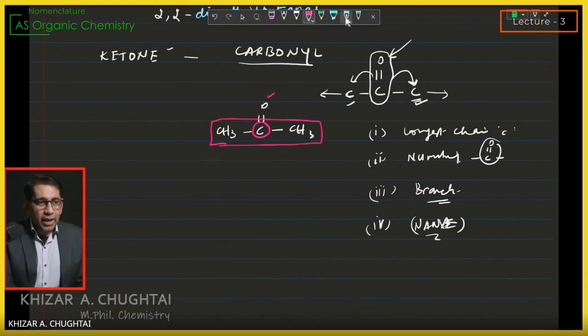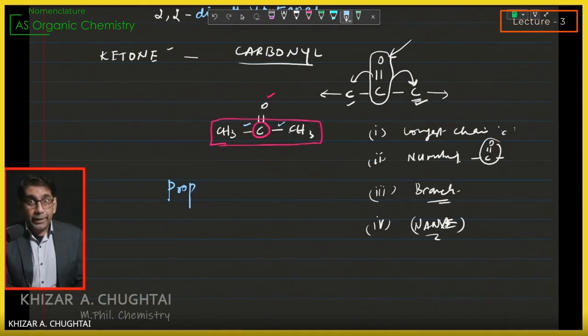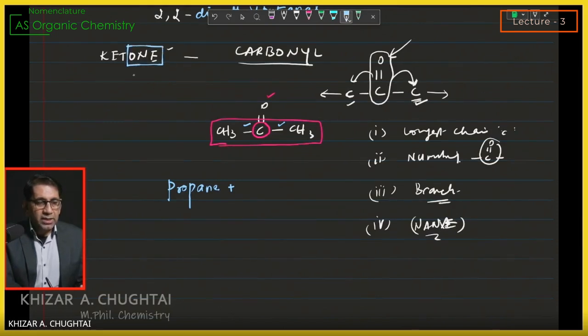So what is its name? Its longest chain has three carbon atoms. We will write prop. All carbon-carbon bonds are single, so I'm writing "an". Because of ketone, we are going to take the last word, "one". So I'm going to write one.